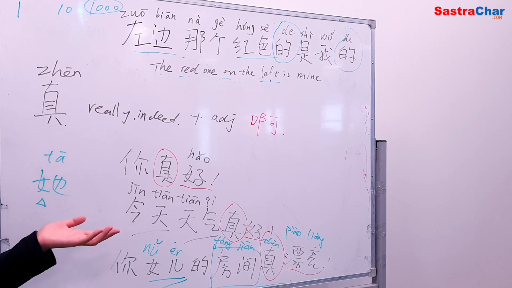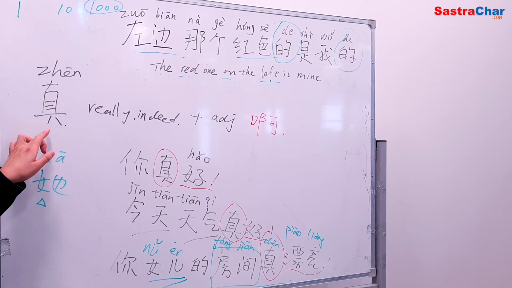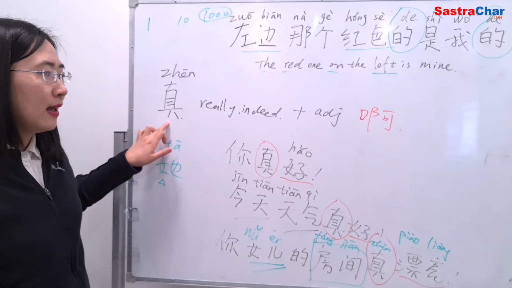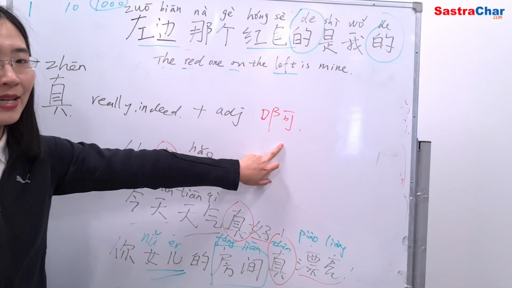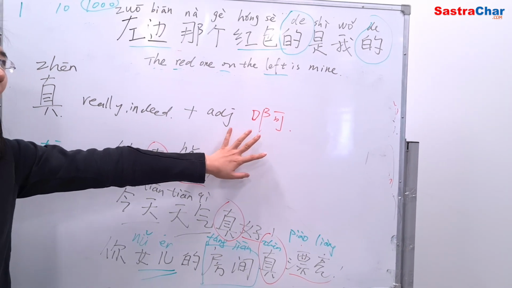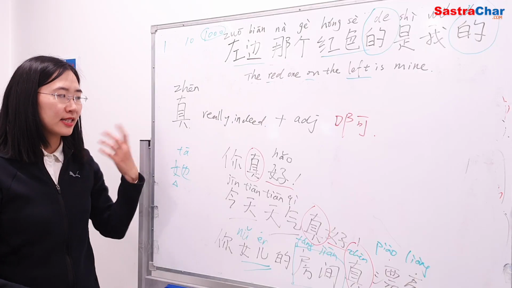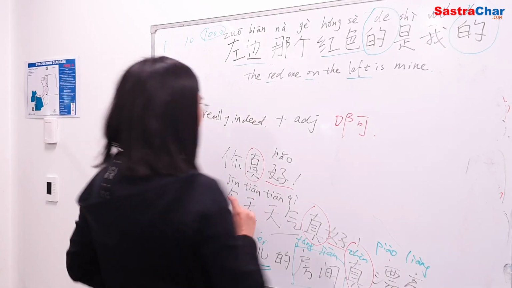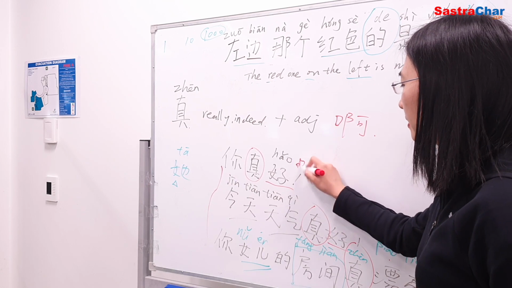Oh, 好啊. 好啊 means oh good. So if you use 真, at the same time you can use 啊 too, because they both indicate you are really attempting to exclaim something, right? Exclamation. So in these three sentences, you can add 啊 at the end.